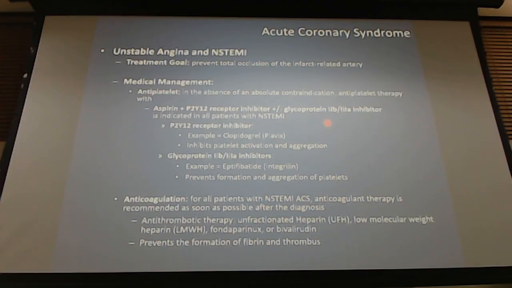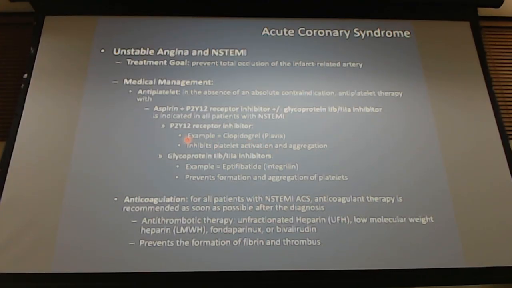I want to make things not sticky. So when you're looking at this antiplatelet, in the absence of an absolute contraindication, these are the medications that we give. When we go over our meds, we're going to say, okay, which ones can they take and which can't they take. We're going to go into some of these in more detail in the next lecture also. So we'll see this again.